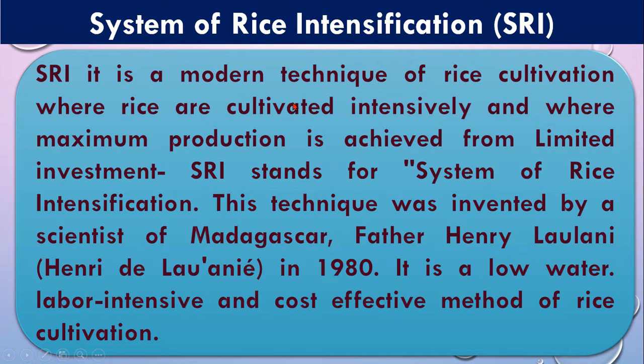It's a modern technique of rice cultivation where rice is cultivated intensively and maximum production is achieved from limited investment. This technique was invented by a scientist from Madagascar, Father Henri de Laulanié, in 1980, and it is a low water, labor intensive, and cost effective method of rice cultivation.